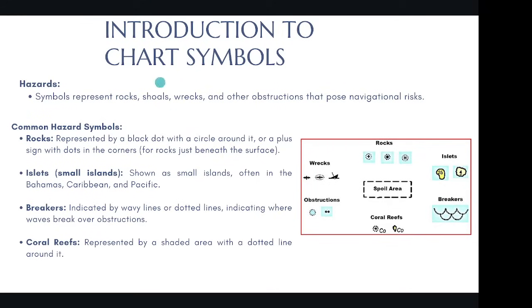So we also have here some hazards. Under these hazards, it tells about the symbols represented. We have here the rocks, the shoals, wrecks, and other obstructions that pose navigational risk.